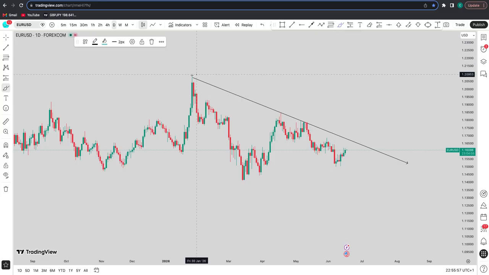So if this is our point A, this is the point B, you can see how the market came back after dropping down from this level. It came back into the trend line and then it reacted here and then it just kept melting. So if you want to use this trend line again in the future, all you have to do is wait for the market to come back into the trend line, tap into the trend line, react there, and then follow the market back to the downside.